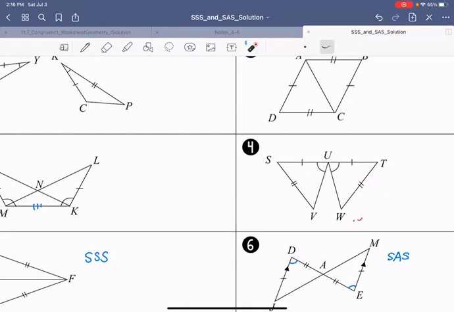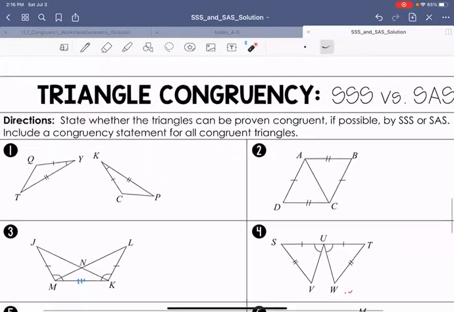Is it side... wait, no, none. This is side side angle. Side side angle is not working. You cannot use that. Okay.